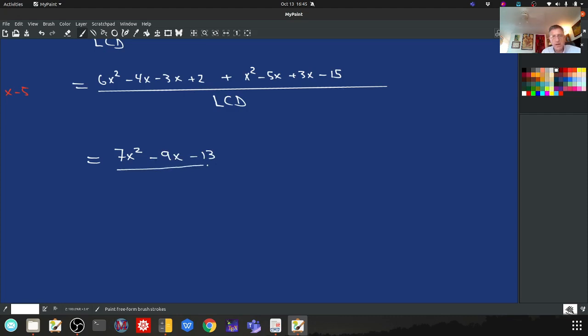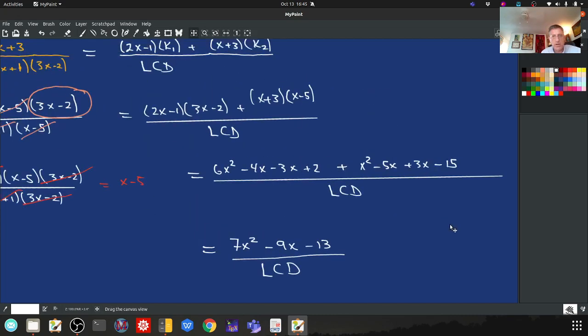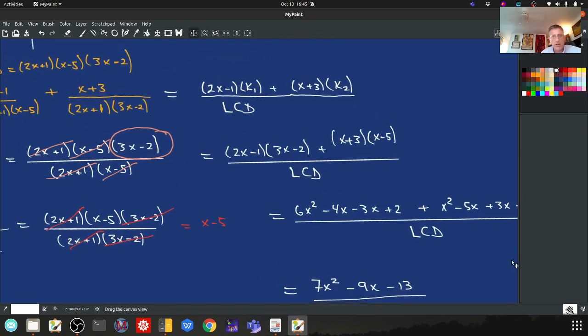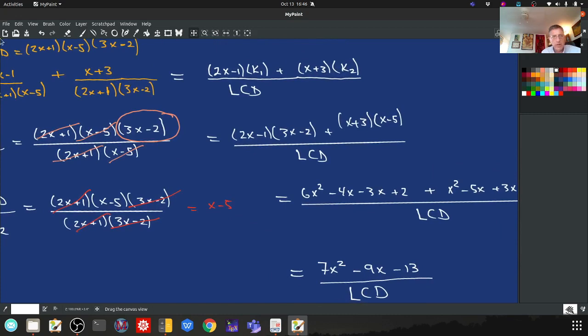And this is all over my LCD. What was my LCD? I'm not going to write it down. I'll just scroll up so you can see what it was. All over this right here. This was my LCD. 2x plus 1, x minus 5, 3x minus 2.